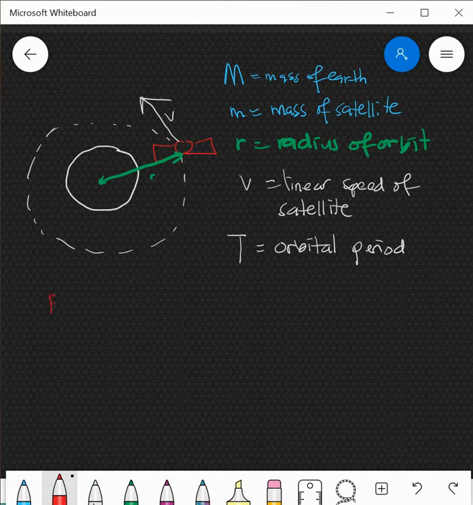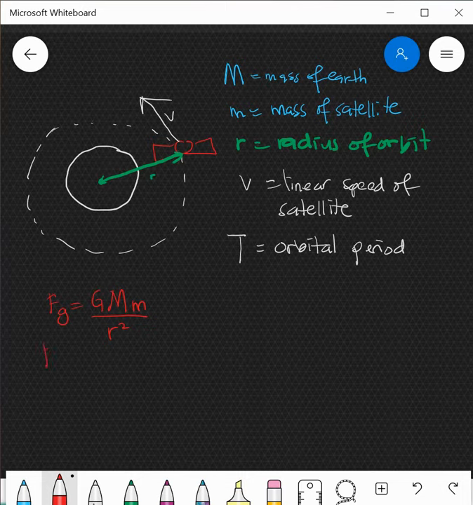So we have Fg ataupun gravitational force, which is GMm over r squared. Okay, so you have also learned that if an object rotates ataupun undergoing circular motion, if an object undergoes circular motion, it has centripetal force. Okay, where the centripetal force is acting inward ke dalam.